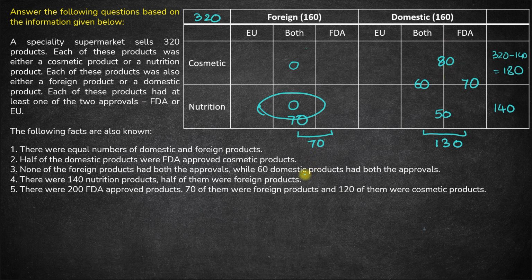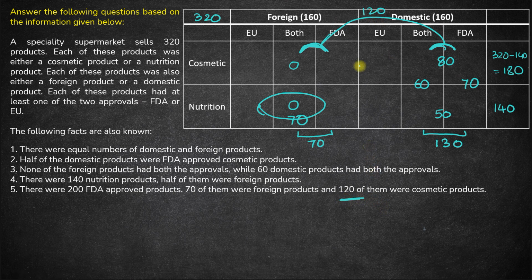And out of these 200 FDA approved products, 120 of them were cosmetic products. So FDA approved cosmetic products are these two blocks and these two blocks. Total, these four blocks combined is 120. This is what this point says.